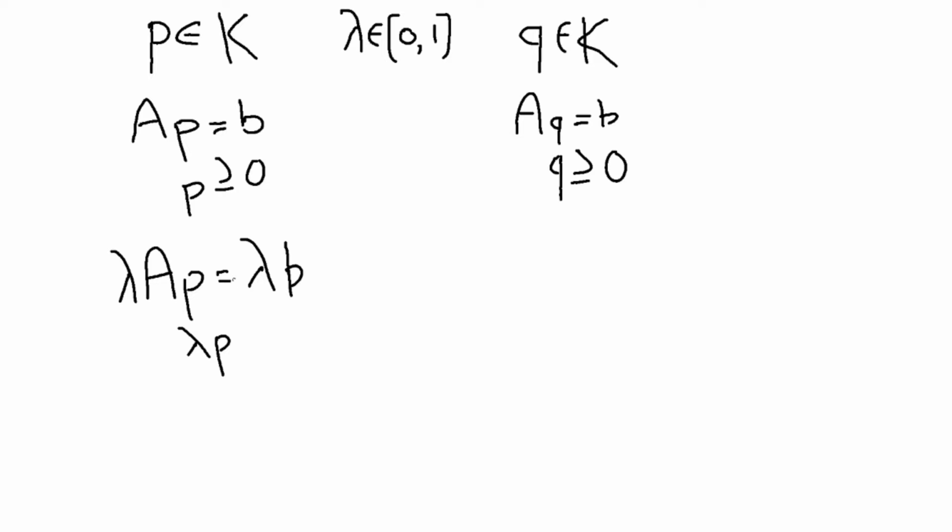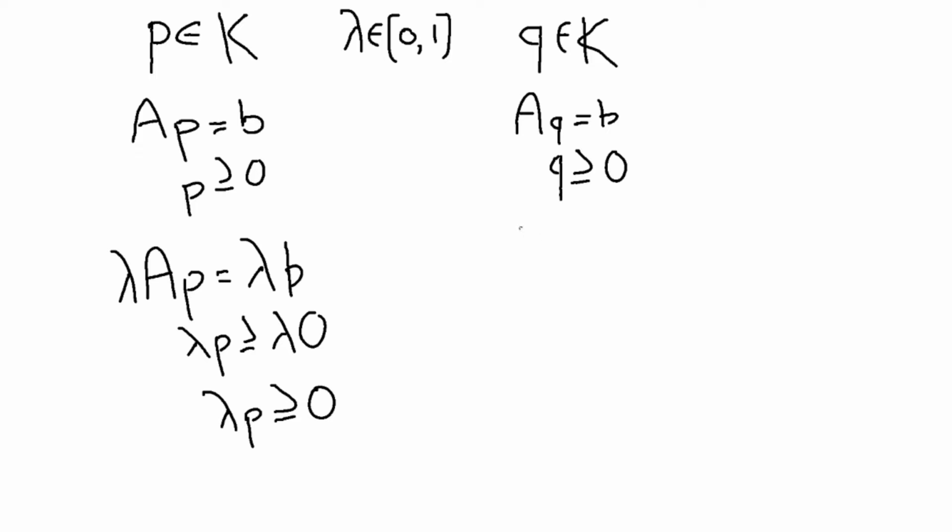It can't take on a negative value. So when you multiply both sides by something that is not negative, it's 0 or positive, you keep the inequality sign going the same direction. And that just reduces down to lambda P is greater than or equal to 0.